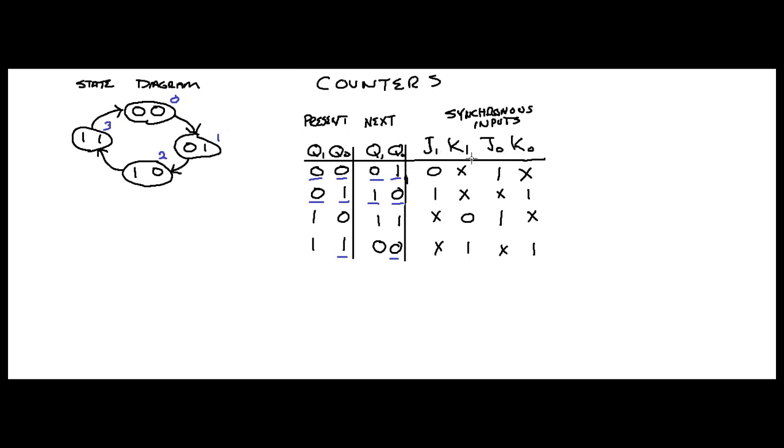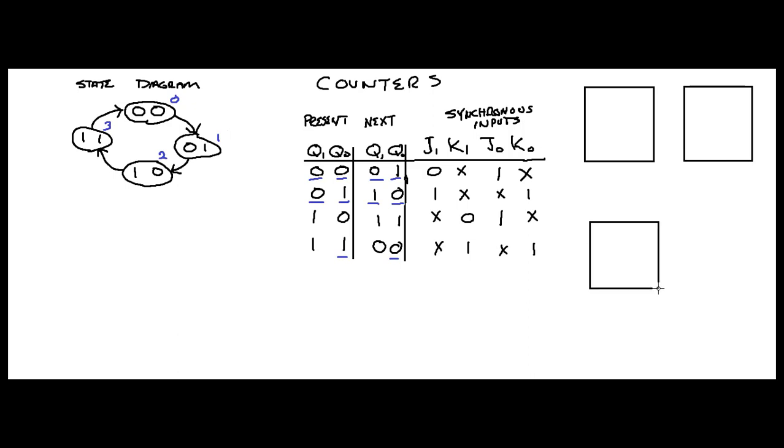There's 2 J's and 2 K's, right? So there you go. 1, 2, 3, 4. And each one of these is a Karnaugh map. It's a 2 by 2, right?